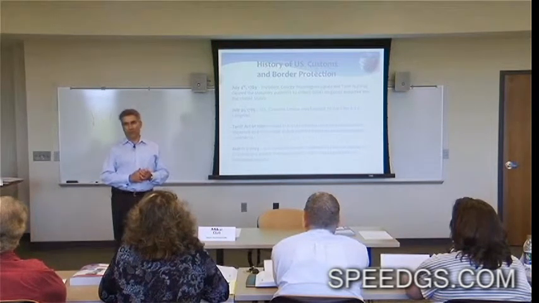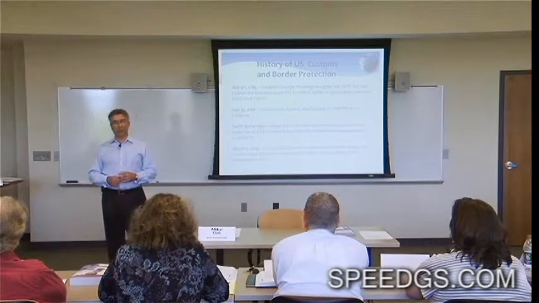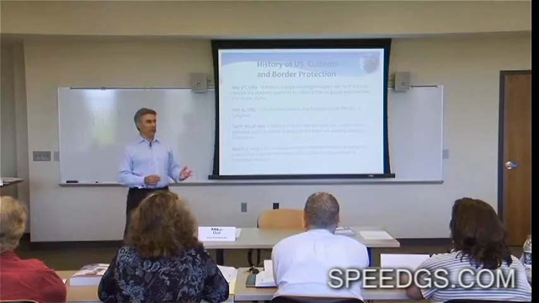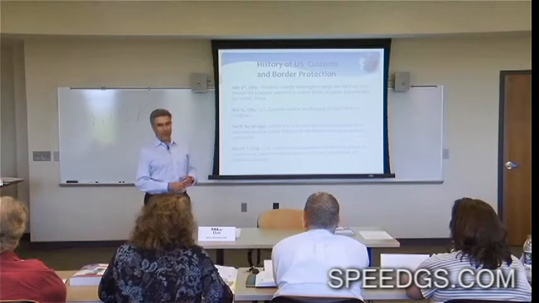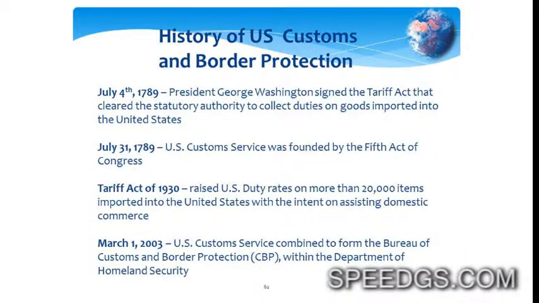That was the original reason for putting duties and tariffs on goods. On July 31st, 1789, the U.S. Customs Service was founded. So they needed a department within the country that was going to collect these duties and taxes.